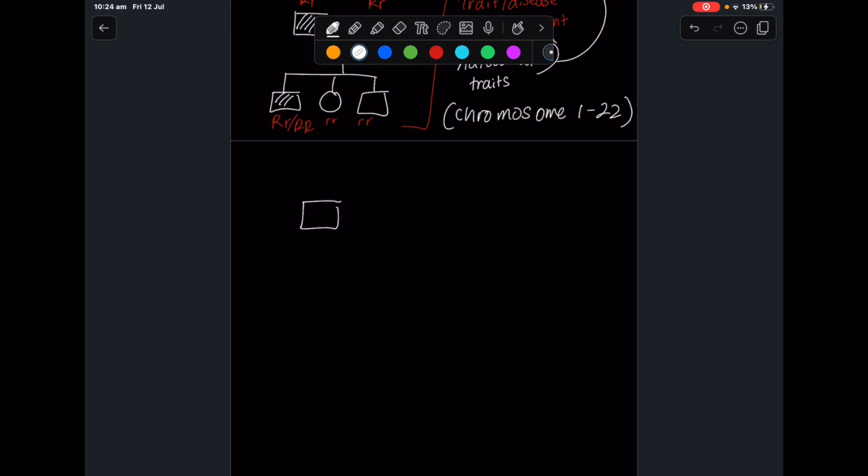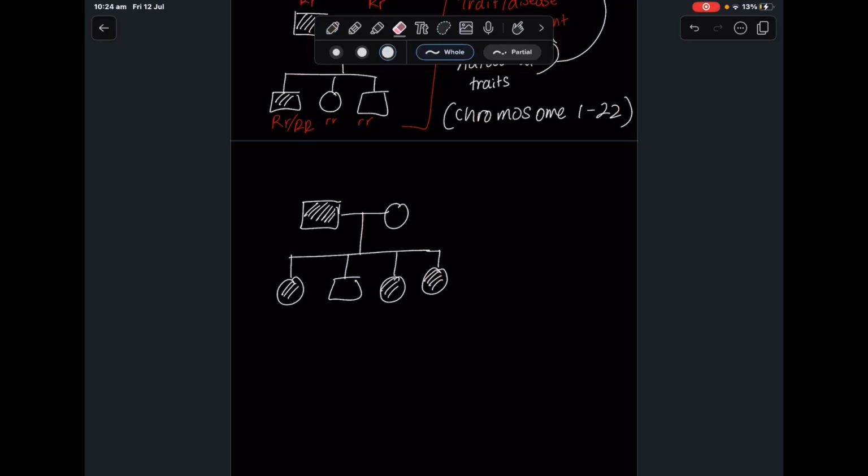So something that's a big giveaway of a trait being sex-linked dominant is if an affected male has all females that are affected, and the males are fine. So this potentially suggests that the trait is dominant.